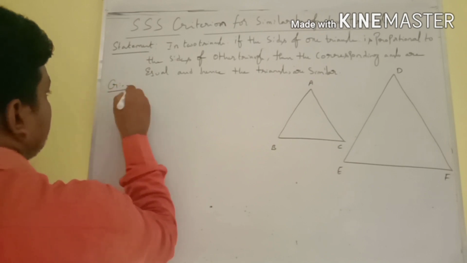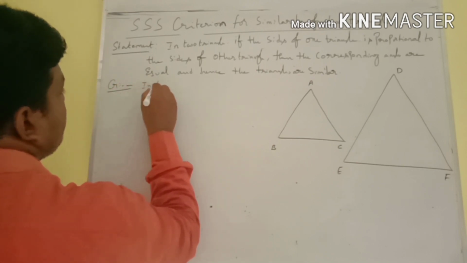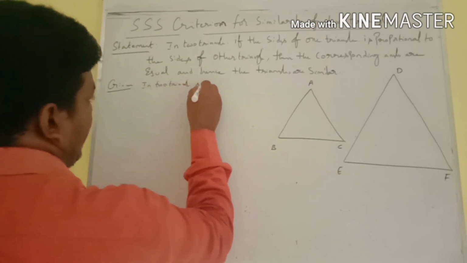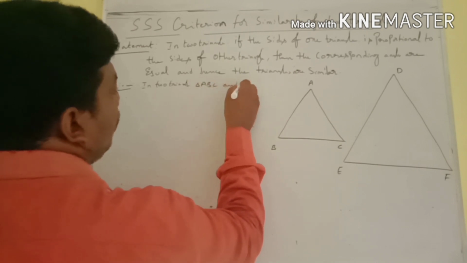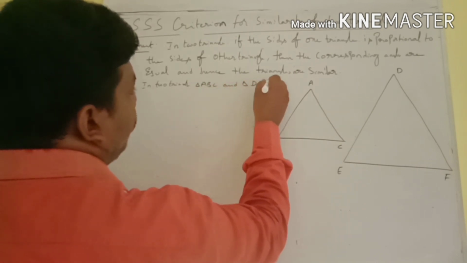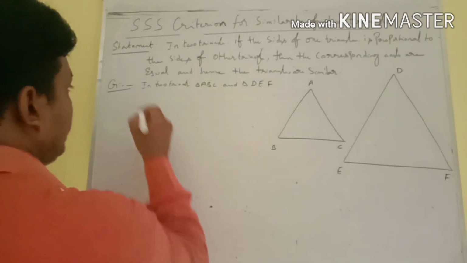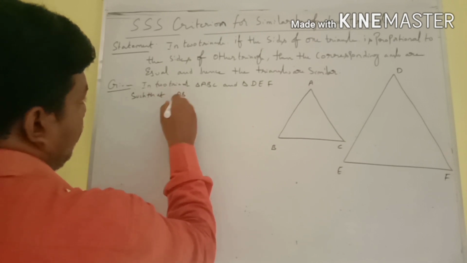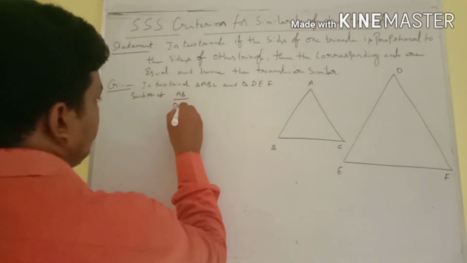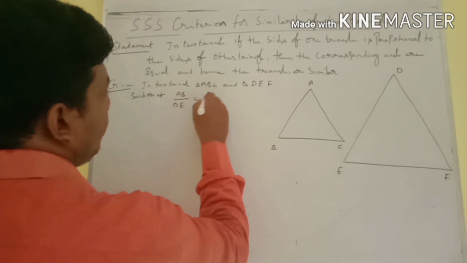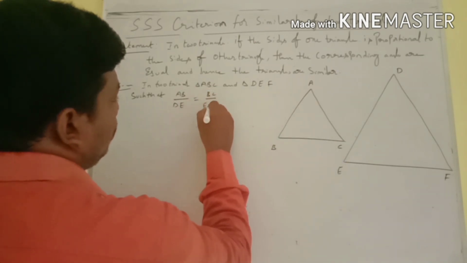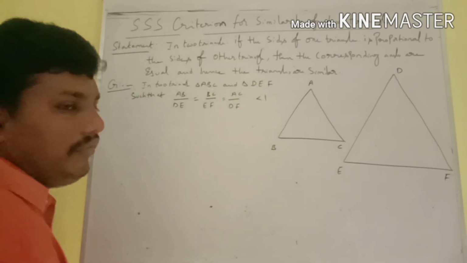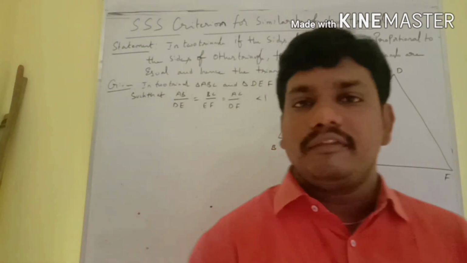Given are two triangles, triangle ABC and triangle DEF, such that AB by DE is equal to BC by EF, which is equal to AC by DF, and this should be less than 1. This is called the scale factor being less than 1.